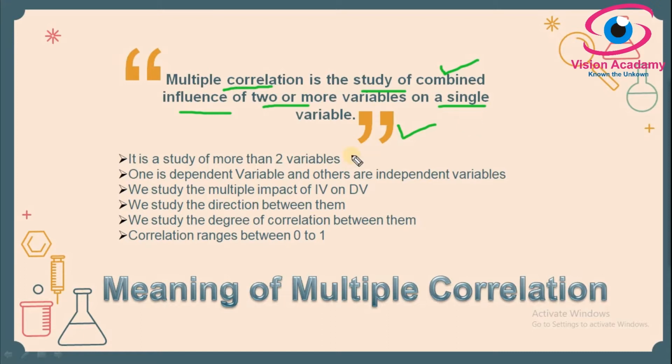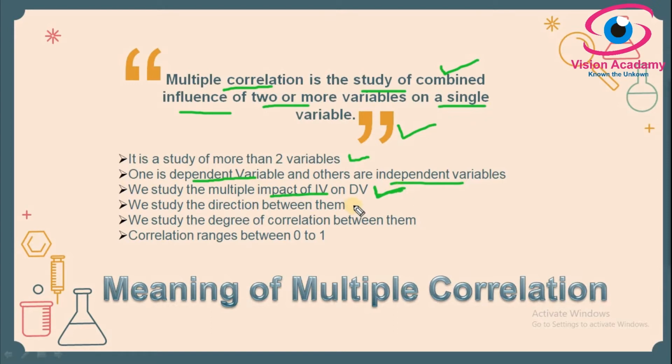Here very importantly, we study more than 2 variables, and one variable is the dependent variable and the others are independent variables. So we study the multiple impact of independent variables on the dependent variable. In case of multiple correlation, we will consider 2 independent variables and 1 dependent variable. Those 2 independent variables will impact the single dependent variable.